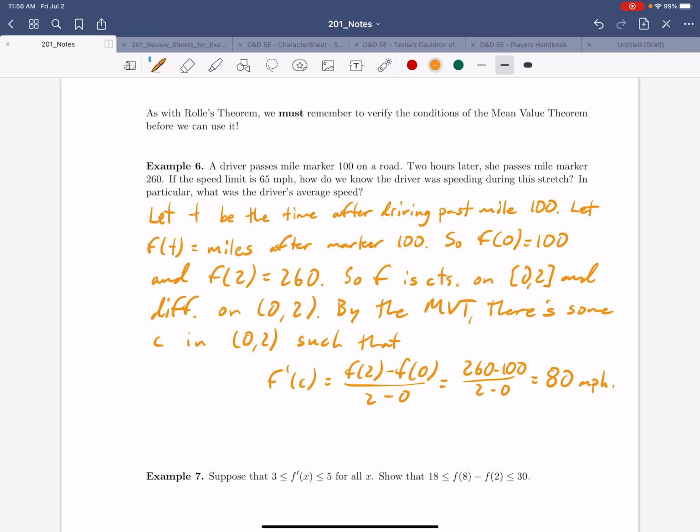So at some point during this trip, we don't know where, but at some point, the driver was speeding. Was going 80 at time c. So they were speeding.